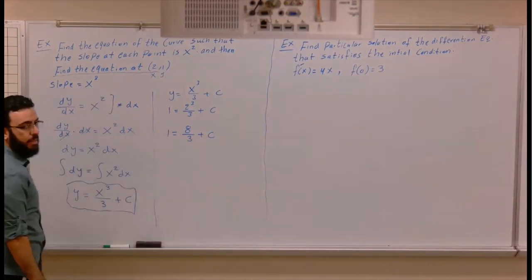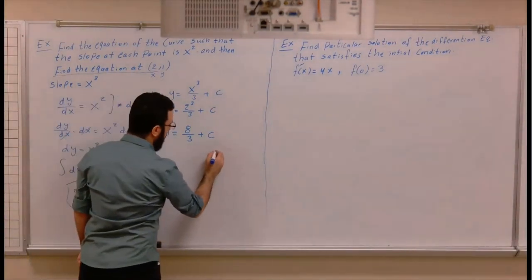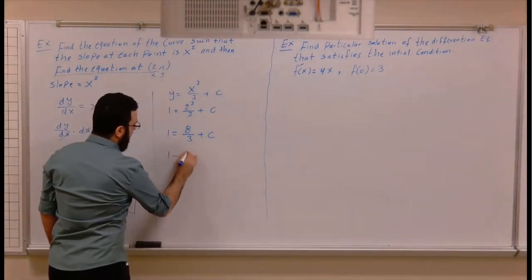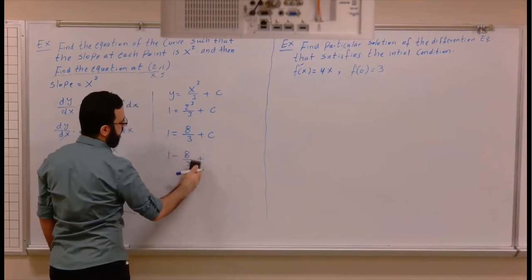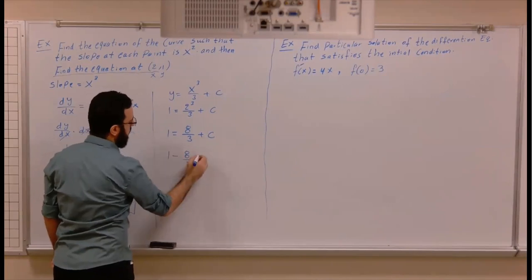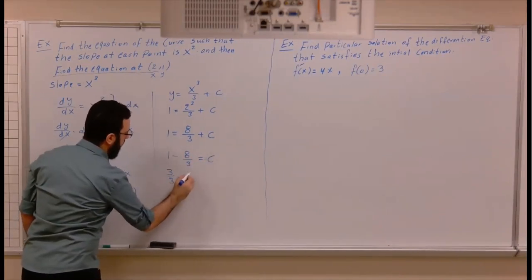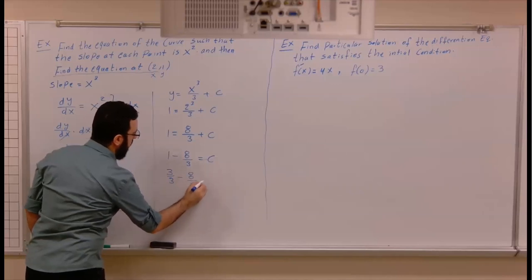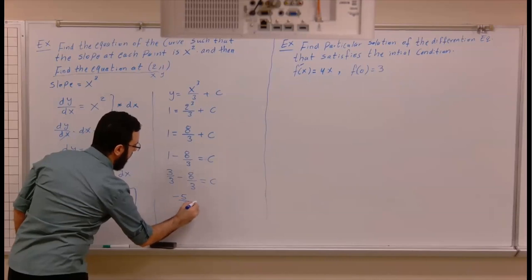Now we find c by subtracting 8 over 3 from both sides: 1 minus 8 over 3 equals c. Moving this over, 3 over 3 minus 8 over 3 equals c, so c equals negative 5 over 3.